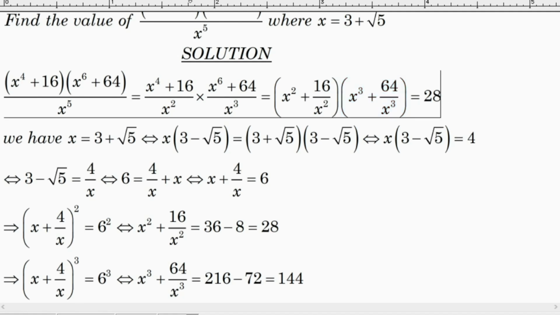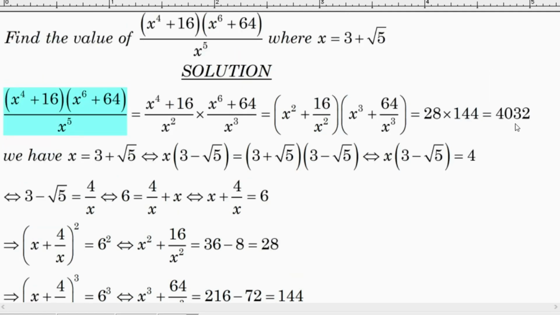That means 28 times 144. Then equal to 4032. So finally, the answer of this expression, where x equal to 3 plus square root of 5, it is equal to 4032.